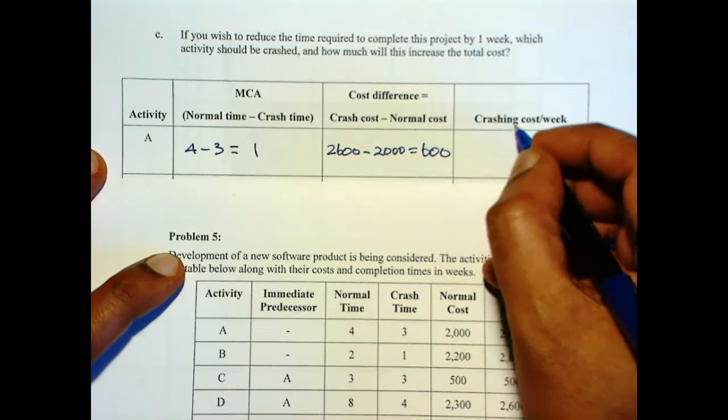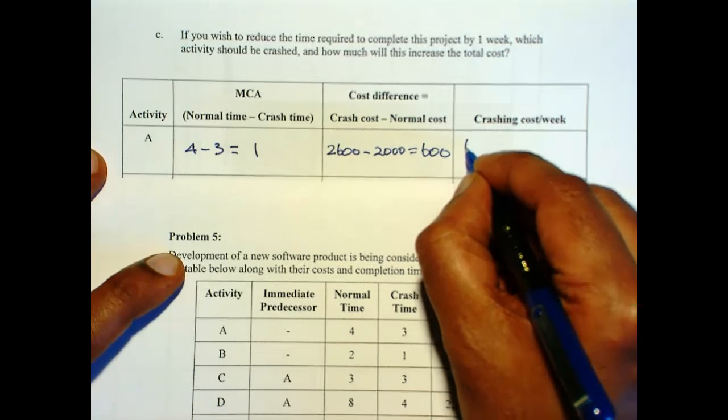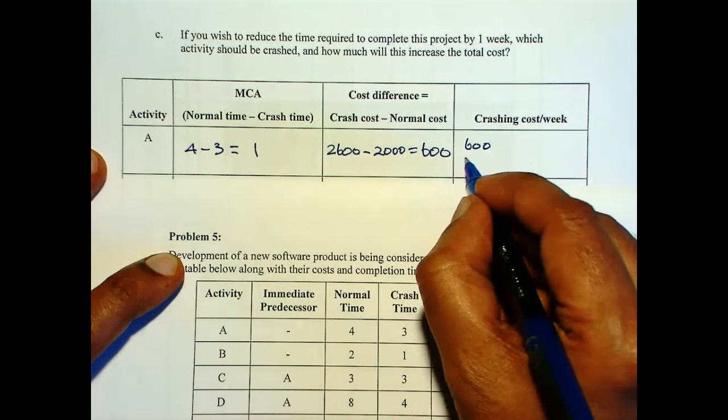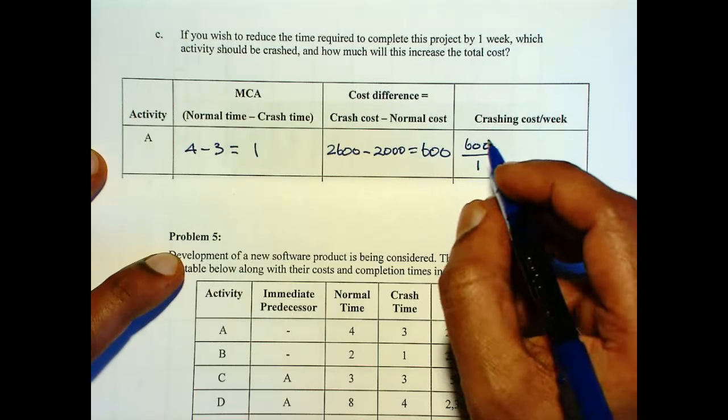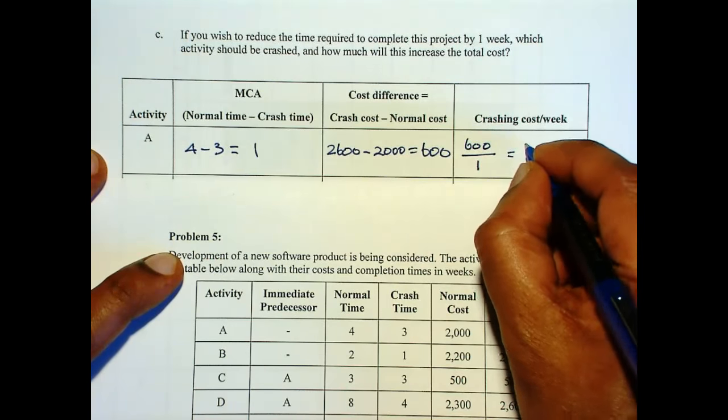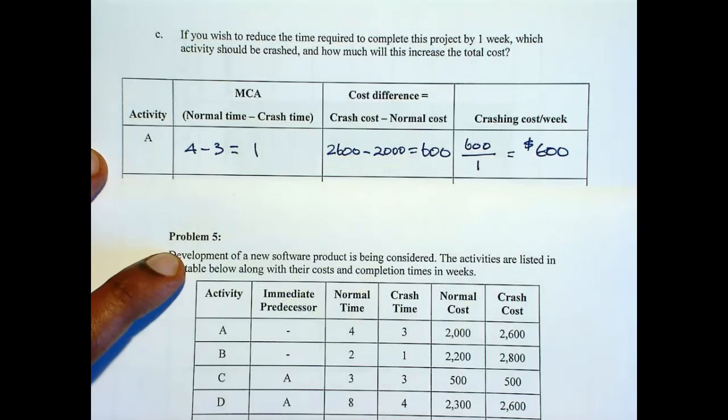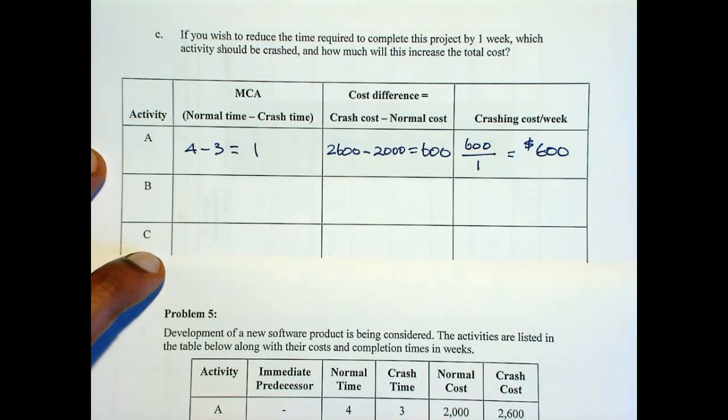So for B, 2 minus 1 is 1, 2800 minus 2200 is 600. So you get 600 over 1. It's 600.